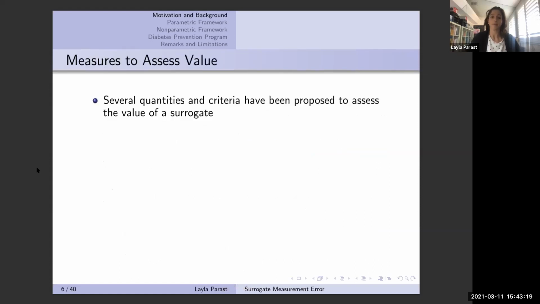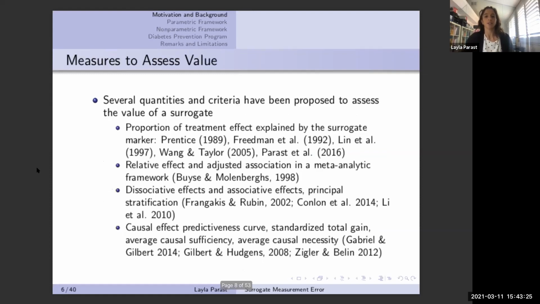That being said, there are many quantities and criteria that have been proposed to assess the value of a surrogate marker. So this proportion of treatment effect explained by the surrogate marker is just one of many. It's my understanding that there's not really any agreement on a single best method that should be used.